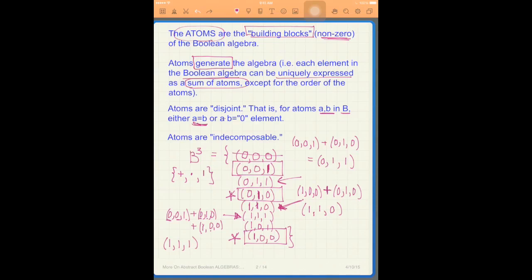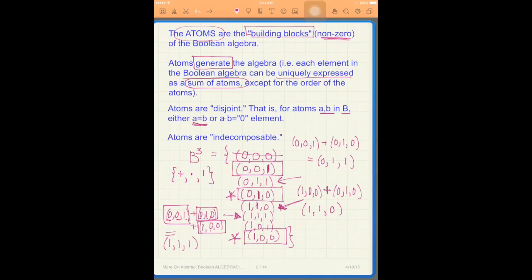And you can do the last one. I just left off the last one. And they are written uniquely as the sum of atoms, except for, remember, I could have moved the ordering around, because in a Boolean algebra you have the commutative property, so that order doesn't really matter. You're still going to get back the same output equals each of those.